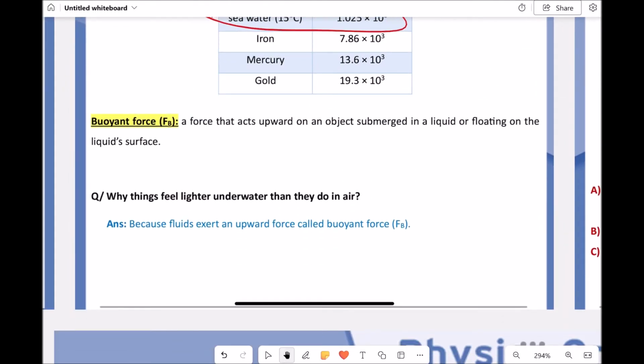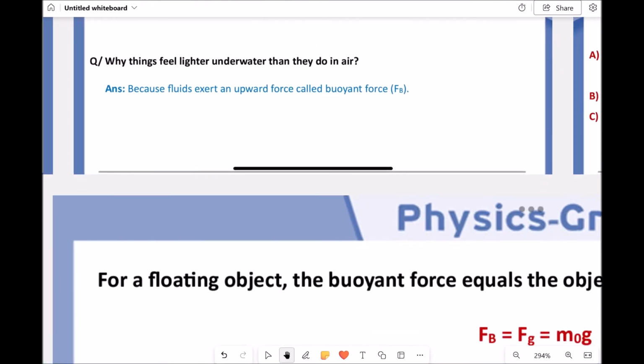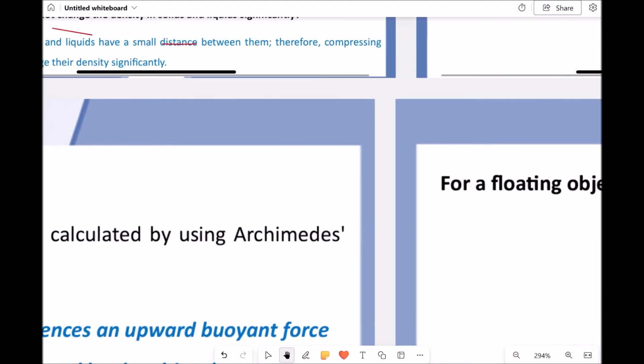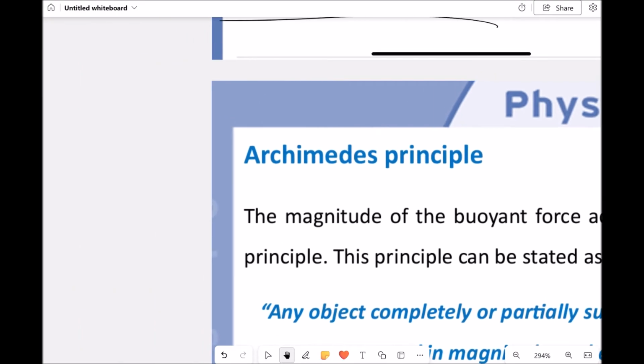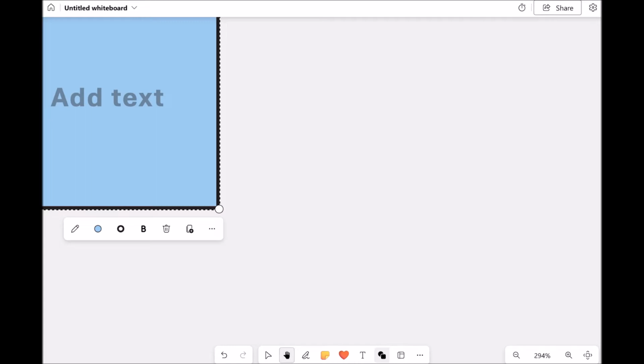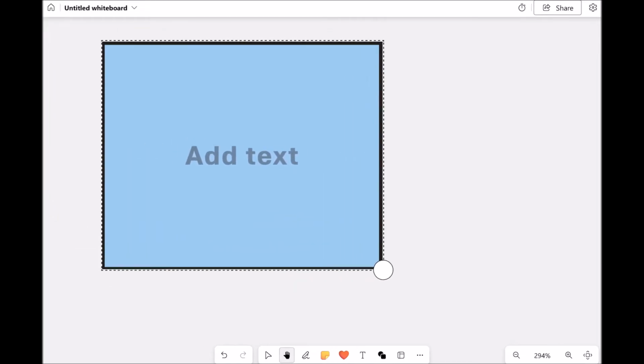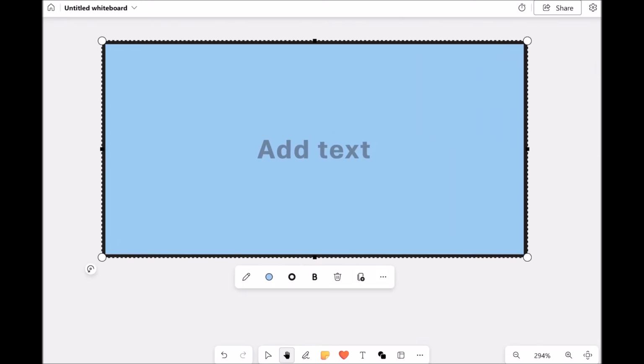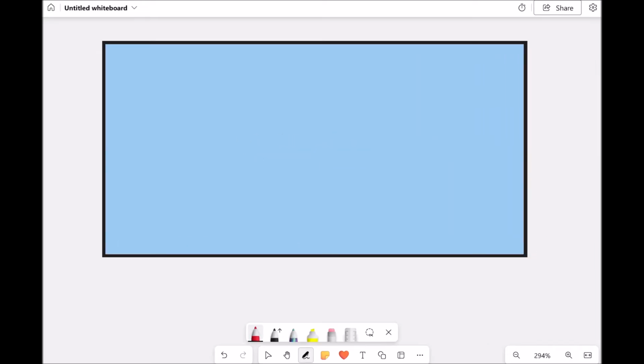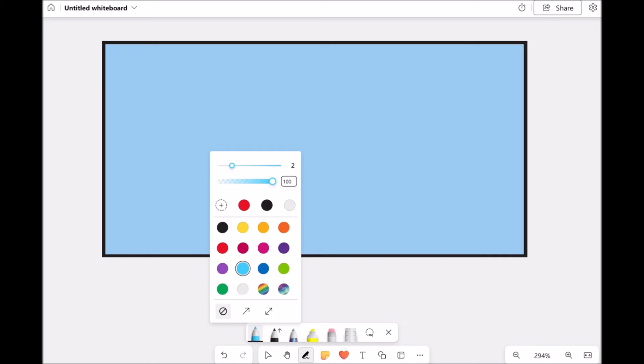Now, guys, we have buoyancy or buoyant force. If you know how to swim, and if you have ever been in a swimming pool, when you go inside the water, you feel that your body feels lighter. You feel lighter in water. What's the reason?